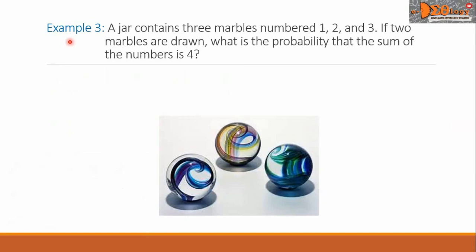Let us see example 3. A jar contains 3 marbles numbered 1, 2, and 3. If 2 marbles are drawn, what is the probability that the sum of the numbers is 4?